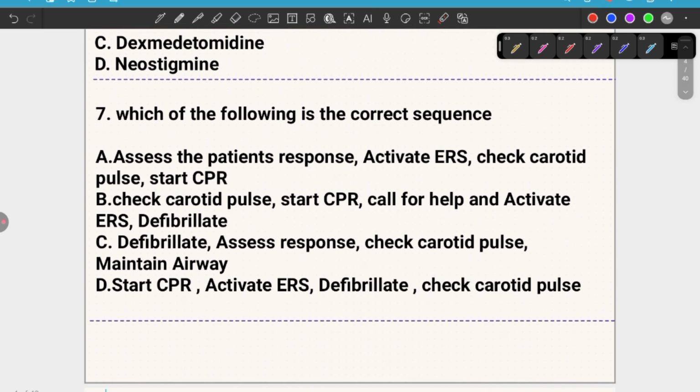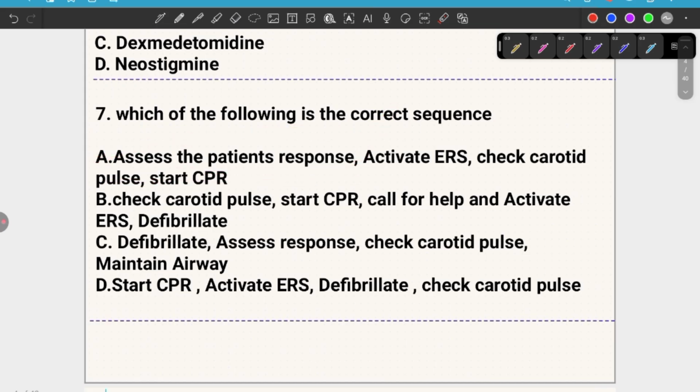Which of the following is the correct sequence, they have asked. This is actually an important question because many times they ask on the BCLS, ACLS protocols. Okay, now see: assess the patient response. Yes, correct. When you see some patient, you have to assess the patient response.